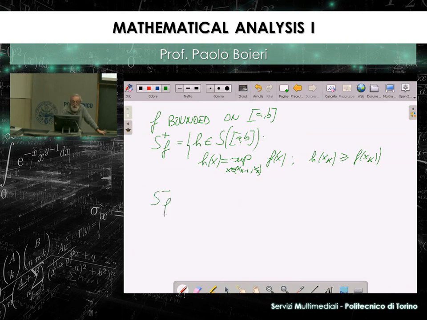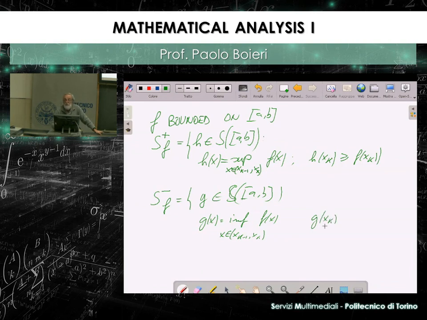What I do on the other side, I take the set of functions g, step functions on AB, such that g of x is the inf of f of x in each subinterval. Okay, in each subinterval. At the points x_k, I can choose as I want, but smaller than f of x_k. Fine?